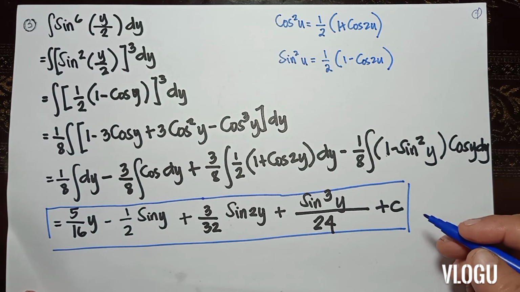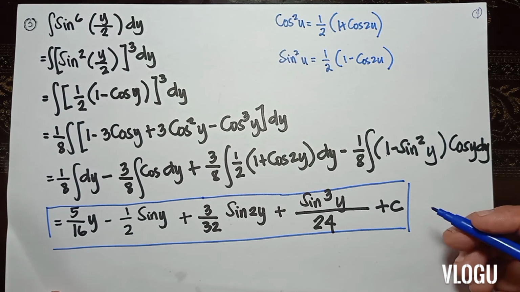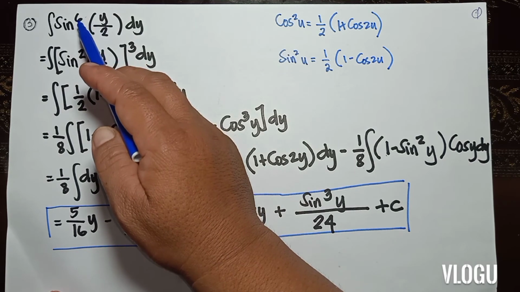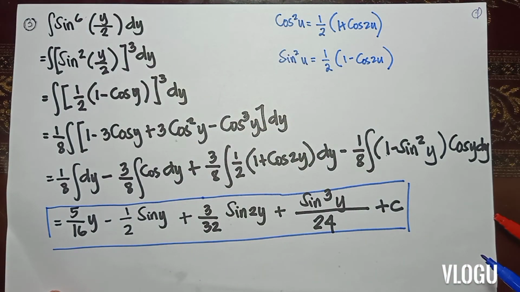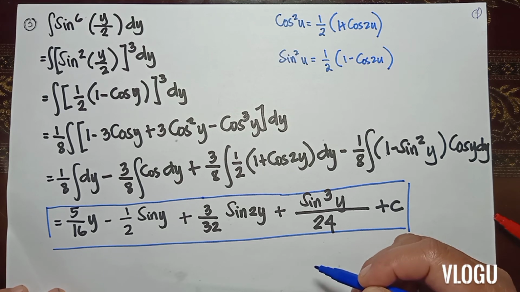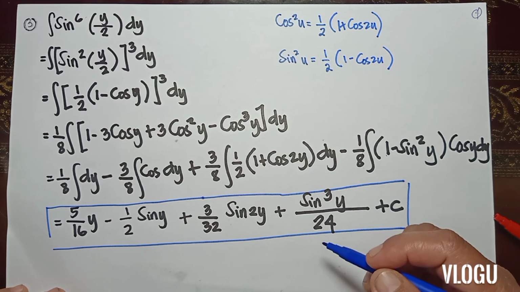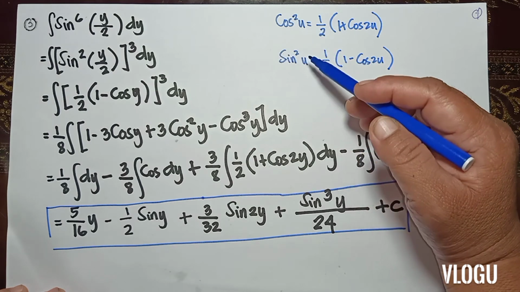So we have, in our given here, this is to the 6. If that is to the 6, that is an even exponent. So you use this one, squared.